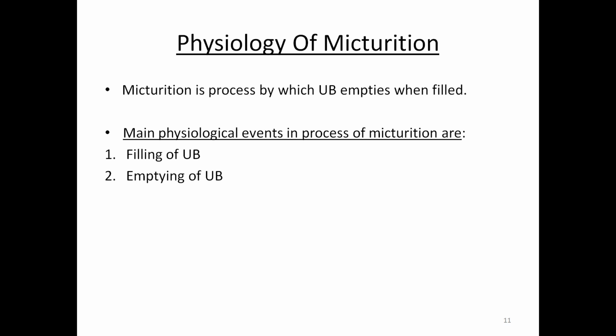Micturition begins in the 5th month of intrauterine life with the onset of urinary secretion, and it remains purely a reflex act until approximately 2 to 2.5 years of age, at which time it begins to come under voluntary control. The main physiological events in the process of micturition are: one, the filling of the bladder, and two, the emptying of the bladder.